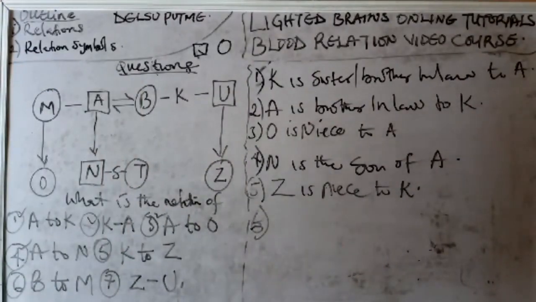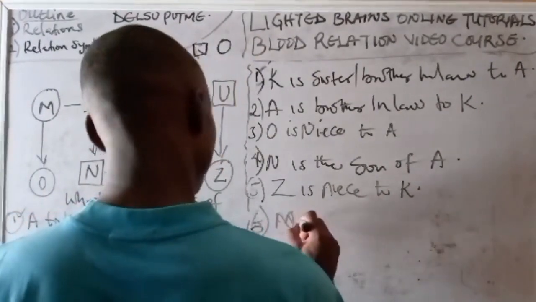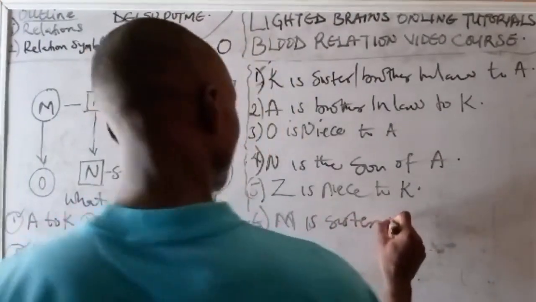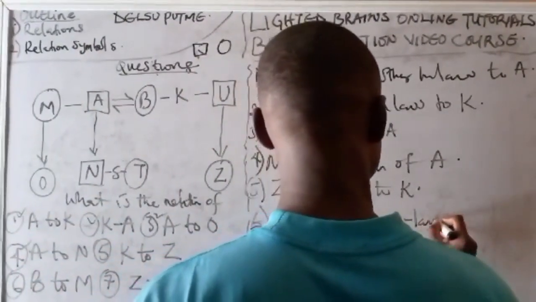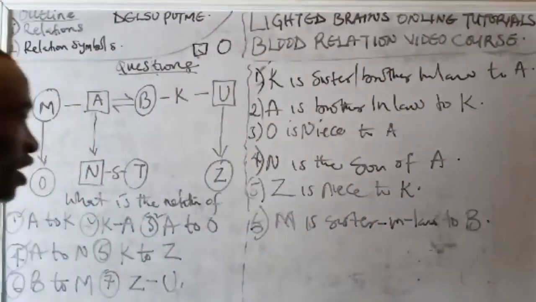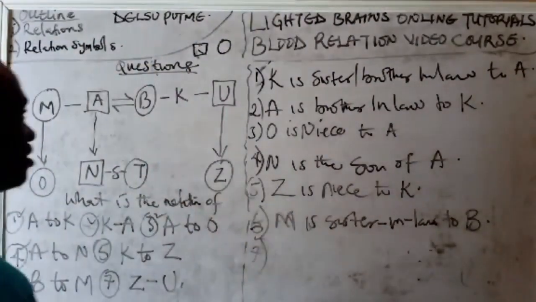Do you understand now? M is sister-in-law to B. Do you get now? So M is sister-in-law to B.